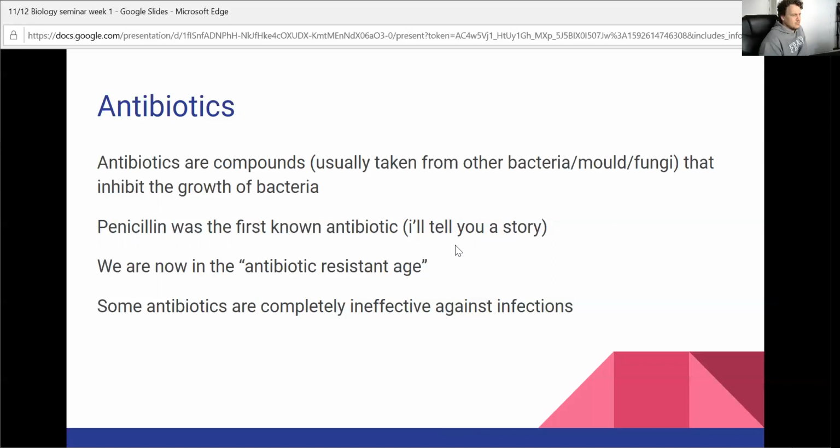But there are stories and medical literature from about 5 years after we introduced antibiotics that were showing signs of antibiotic resistance. And we're now in the antibiotic resistant age, where it's thought that previously easily dealt with infections will kill thousands, if not millions of people each year.